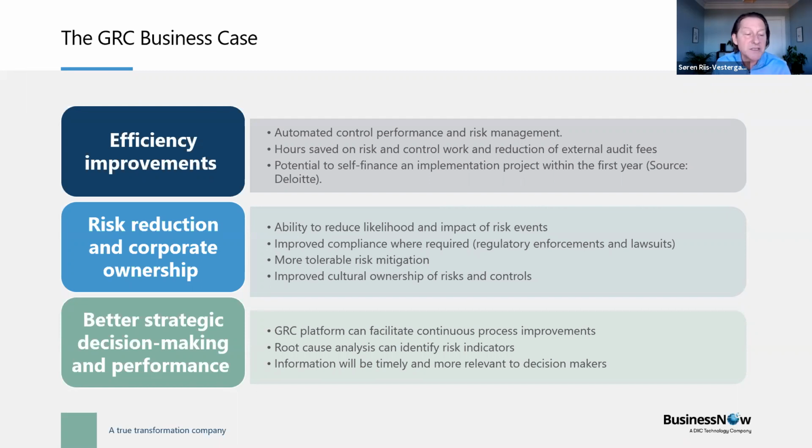And the third one is that we can, based on a better GRC practice, have better strategic decision making and better performance, because we can have more resources investing in achieving our goals and objectives, and less invested in GRC because we are doing it smart and not doing more than necessary.